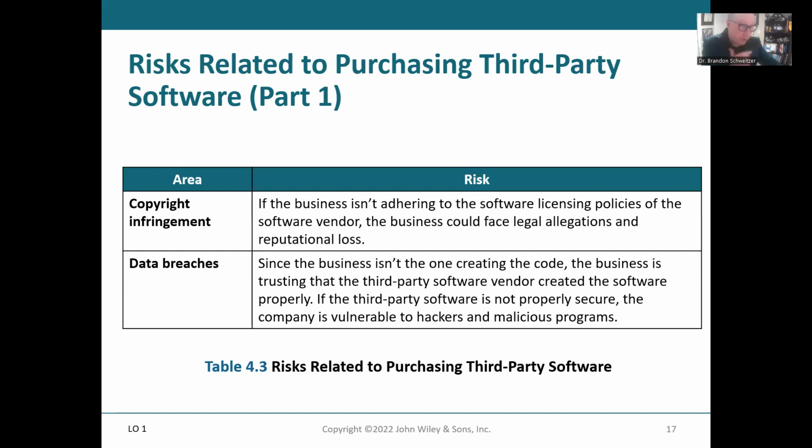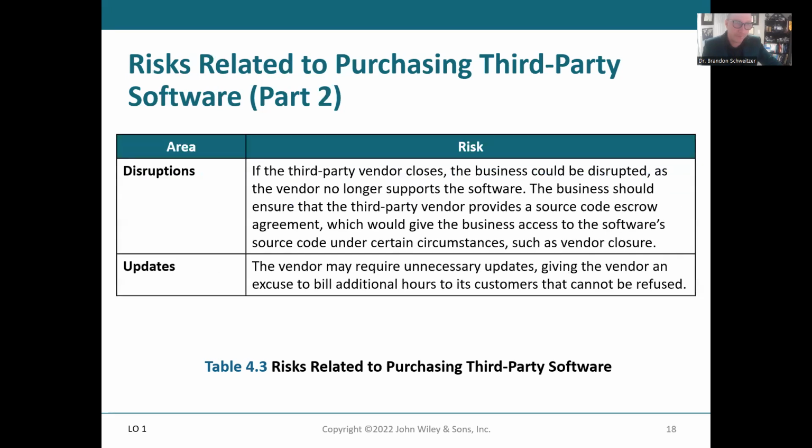Data breaches is always a huge risk with third-party vendors, because if a third-party vendor gets hacked, you have the potential to lose your data through that hack. Disruptions is another one. If something happens to the third party, you might lose access to the use of that software. And of course, updates. Sometimes third-party vendors don't push updates as frequently as the software developer does.